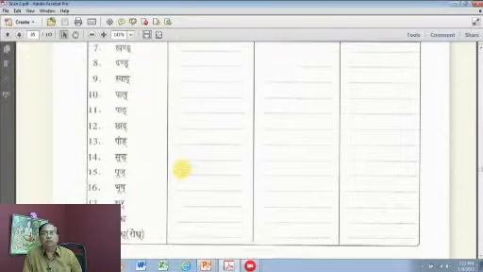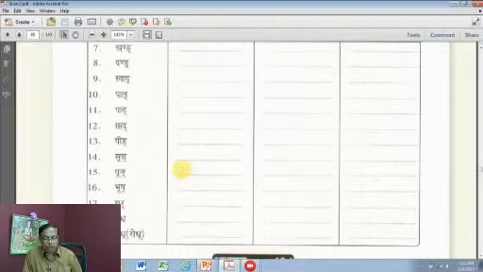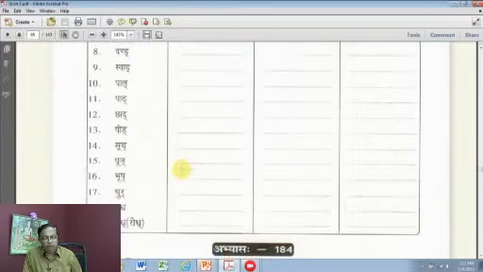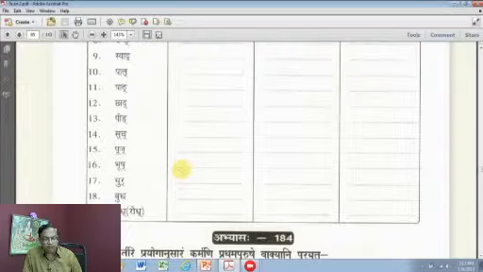Peed to harass, trouble. Peedyate is harassed, is troubled. Sucha to indicate, inform. Is informed, is indicated. Puja to worship. Pujyate, we have already done. Worshipped, respected.